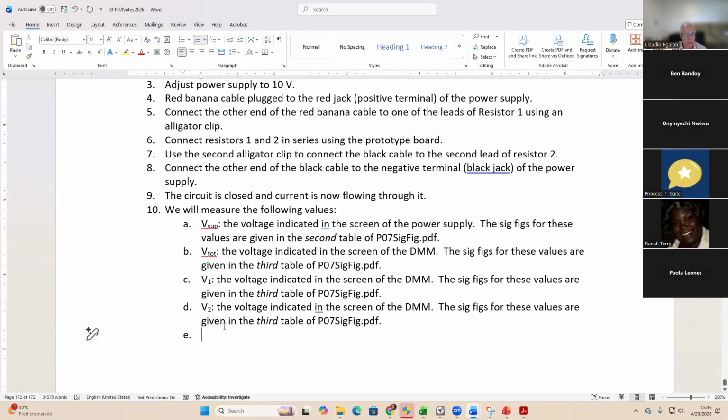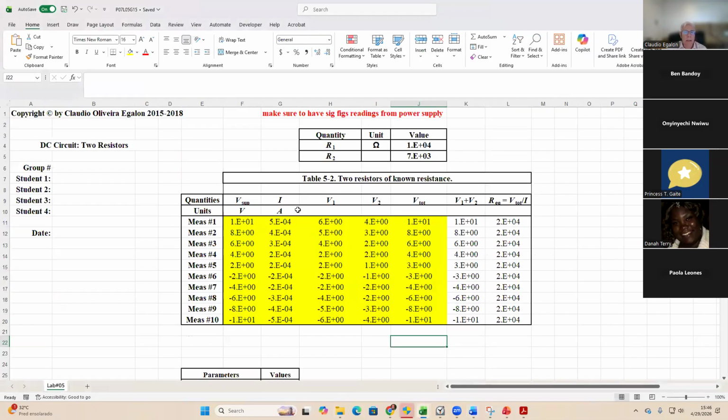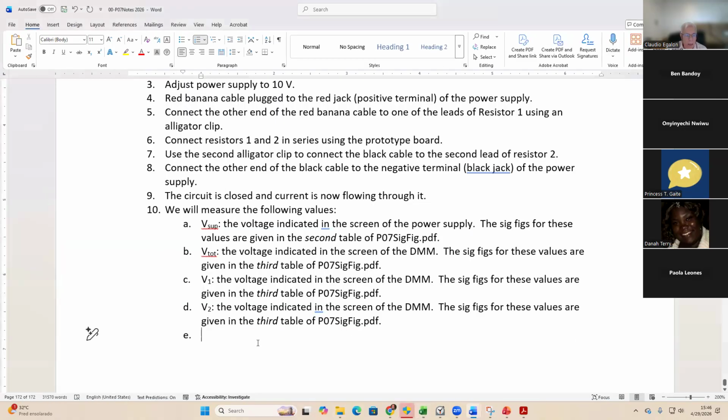What else are we going to measure? Here you go, the current I. We're going to measure the current in the circuit, indicated in the screen of the DMM.